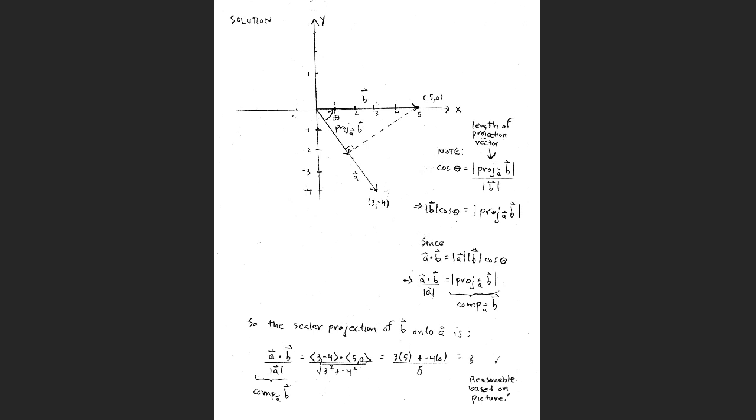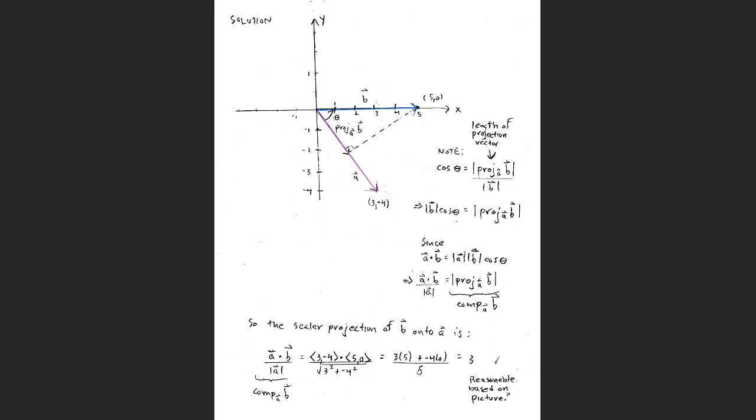Okay, I have an XY axis. And I have this vector B right here, which goes to the point 5, 0. And then I have this vector A, which goes to the point 3, -4.